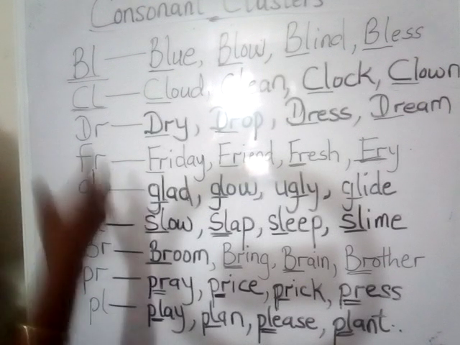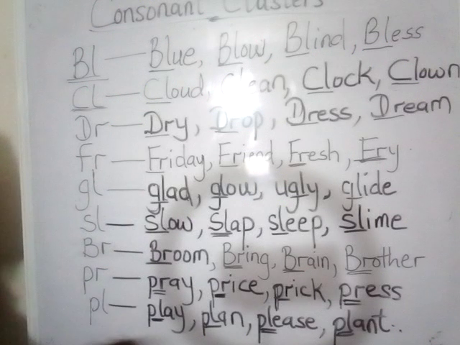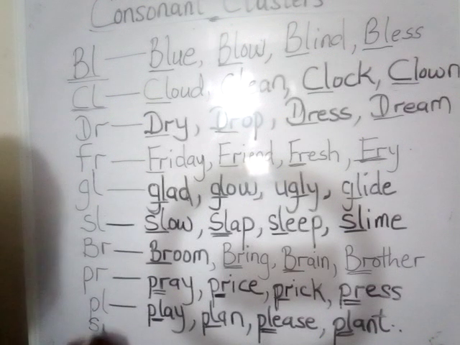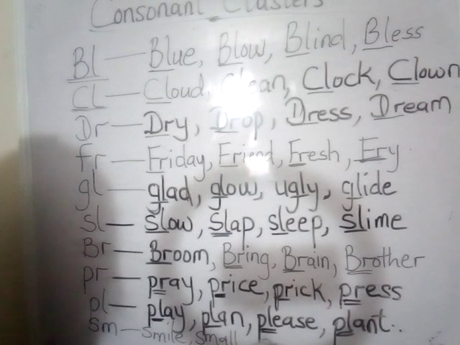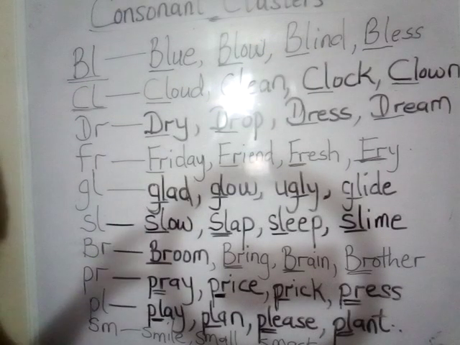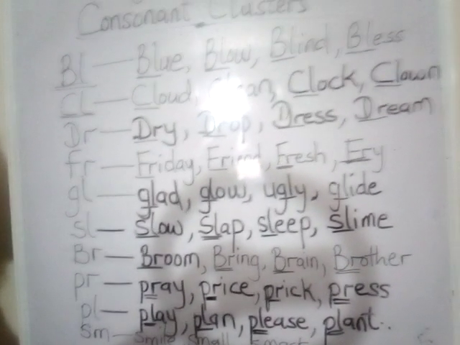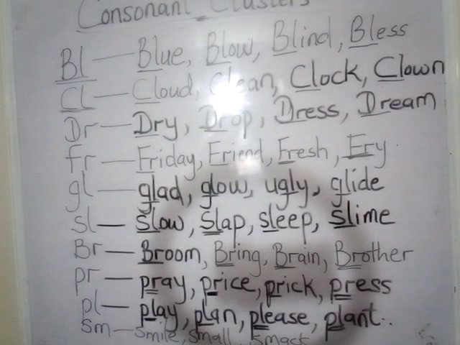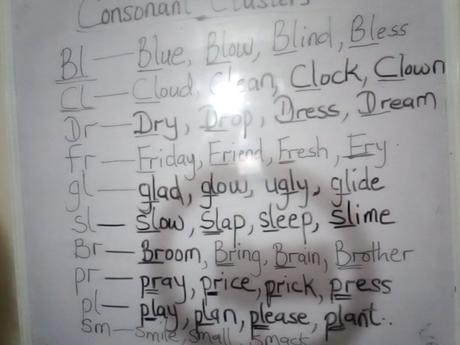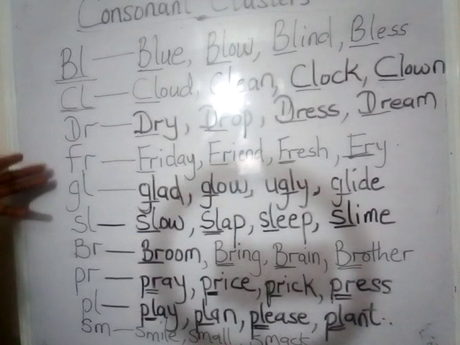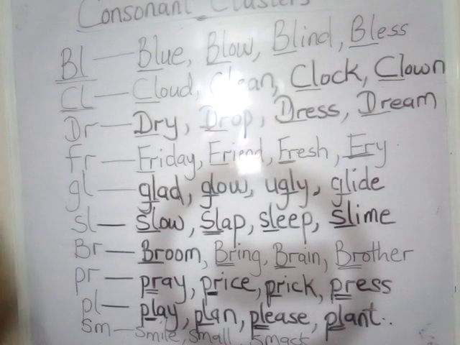Trust me, there are other consonant clusters that we didn't add there, like S and M, sm, like smile, small, smack. These are different words where you find these other consonant clusters. So just keep exploring. Next week we're going to talk about digraph, and if there are more examples we want to bring your way, we're still going to add them to this list, okay?